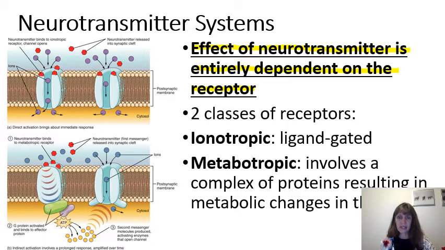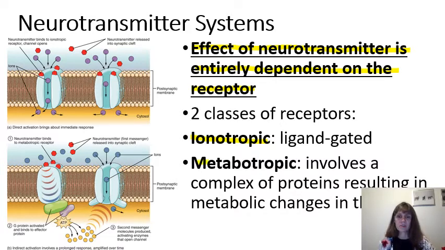There are two classes of receptors. Ionotropic receptors are generally ligand-gated and tend to allow the flow of ions through the proteins when the receptors are bound with their appropriate molecules.